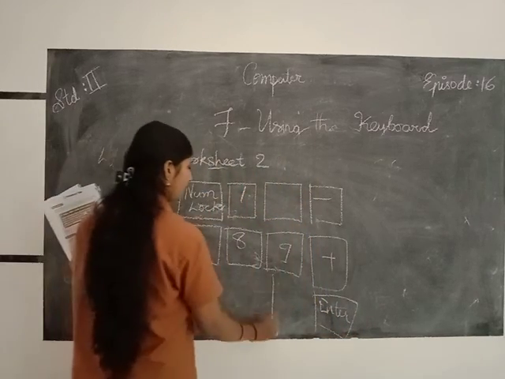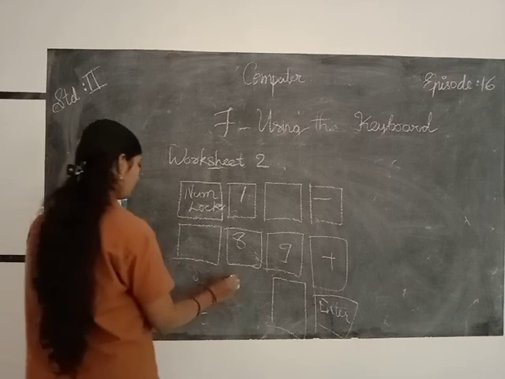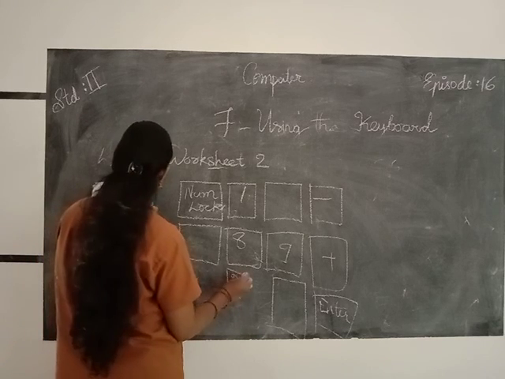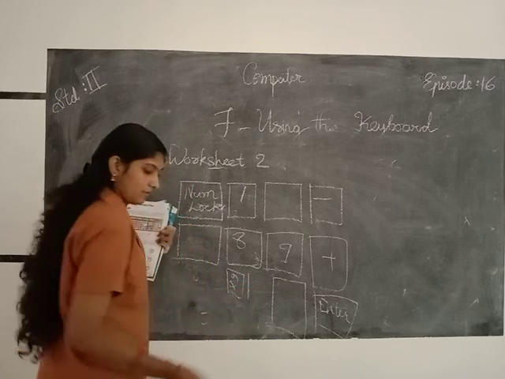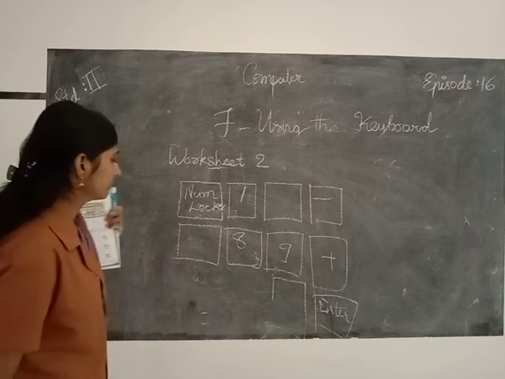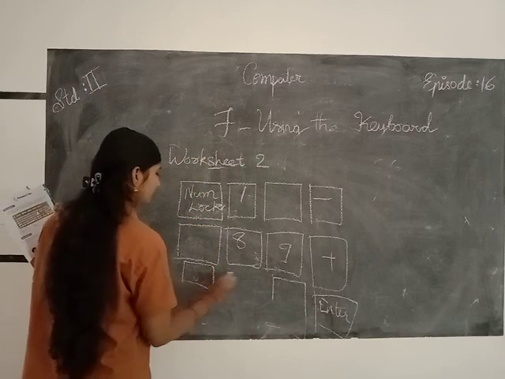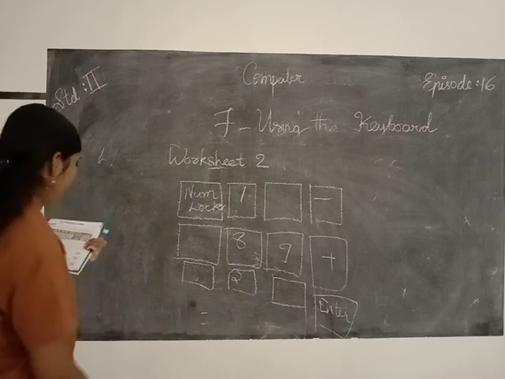Then there is a space. Then 2, and here there is another space. Then 0.